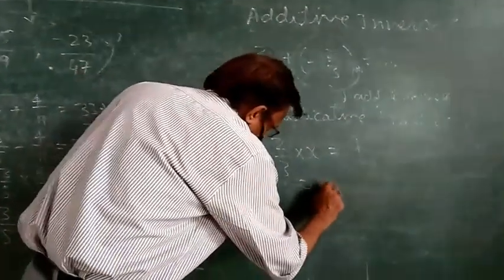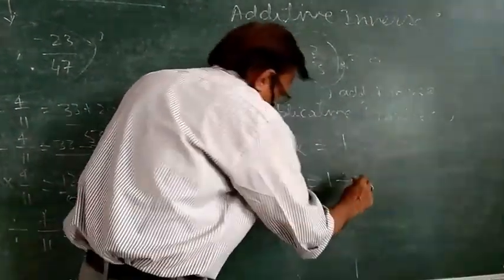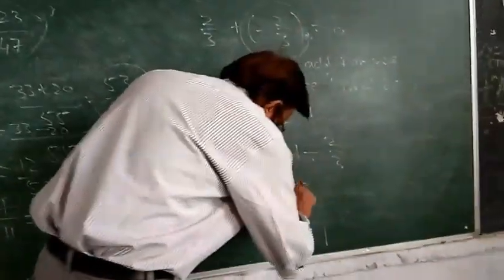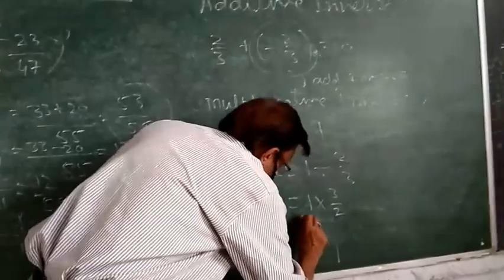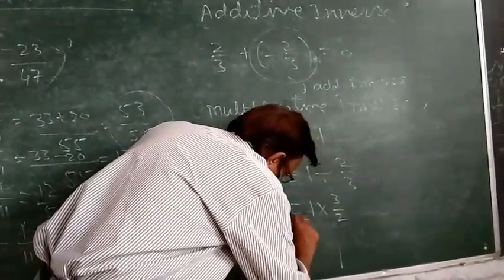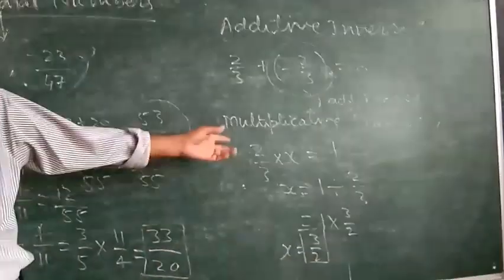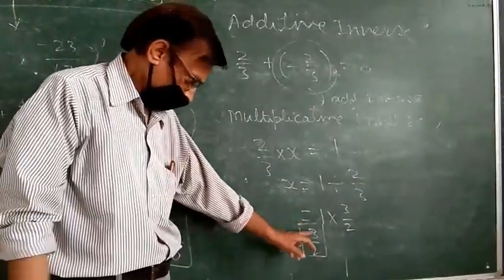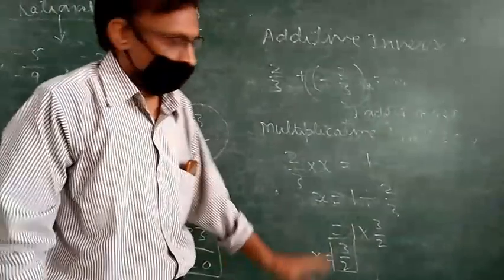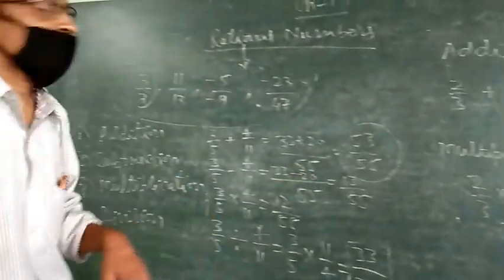So x equals 1 divided by 2 by 3. So it is equal to 1 into 3 upon 2. So x equals 3 upon 2. This is the multiplicative inverse of 2 by 3. If we multiply 2 upon 3 with 3 upon 2, we get the answer 1. So this is about the rational numbers.